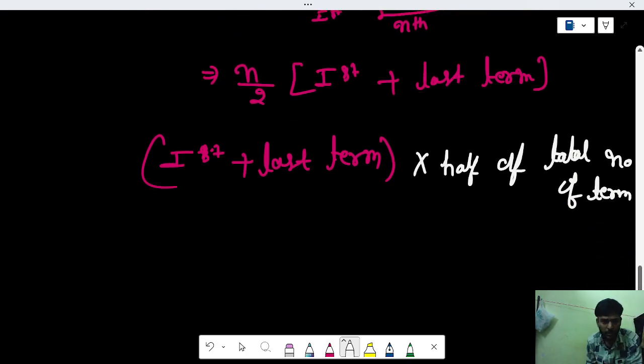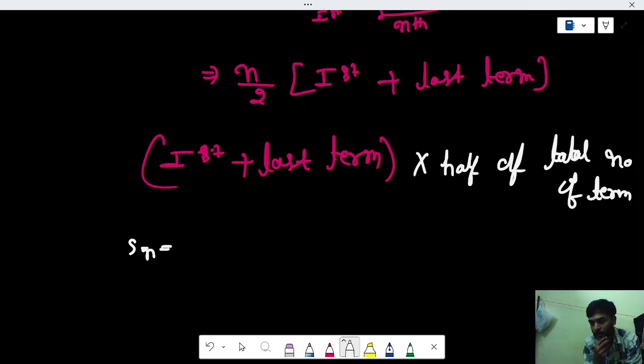It is the formula for Sn, the sum of n terms.